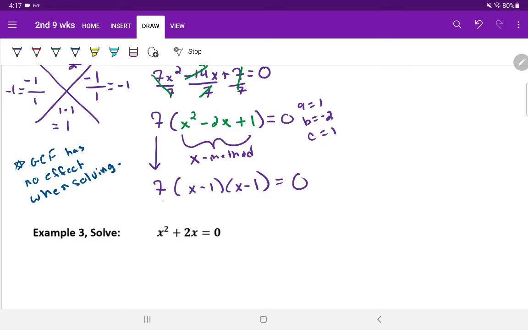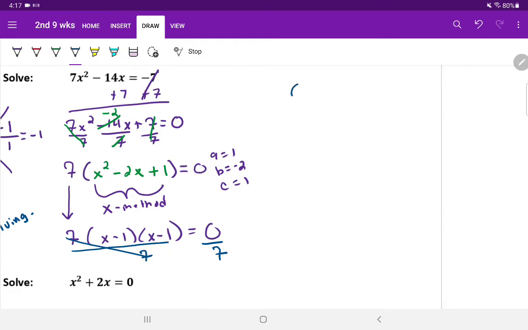To get rid of the 7, all I have to do is divide it out. Because we have that 0 over there, the 7's just go away. So what are we left with? We're left with x minus 1 times x minus 1 equals 0, because 0 divided by 7 is still 0.